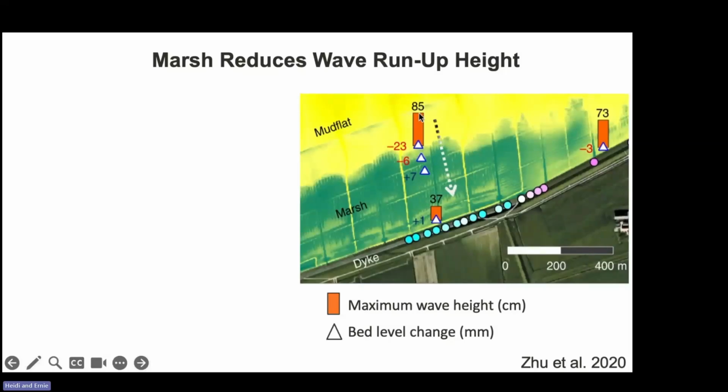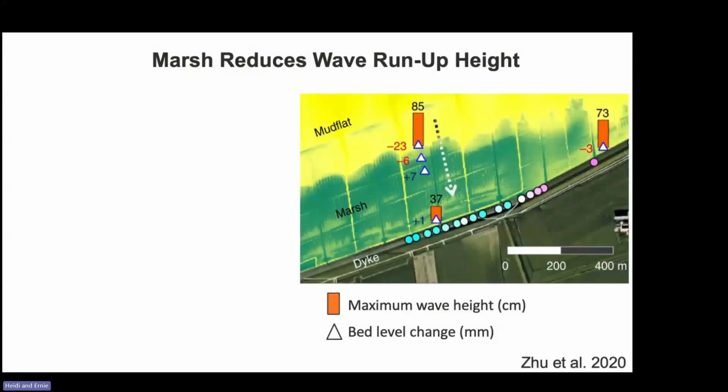The orange bars are denoting the maximum wave height during the storm event. At the edge of the marsh, it was 85 centimeters, but across the marsh, it was reduced to 37 centimeters. But if you look over to the right, where the marsh is narrower, there are larger wave heights at the dike, at the seawall, of 73 centimeters.